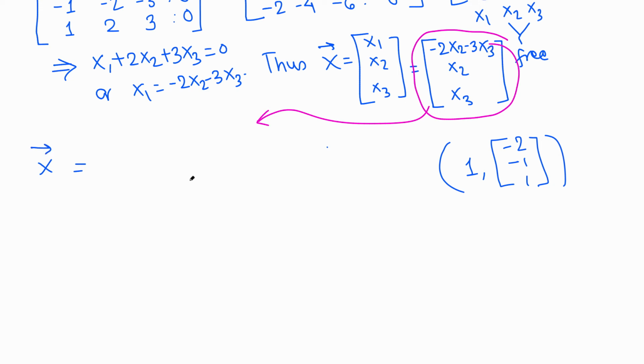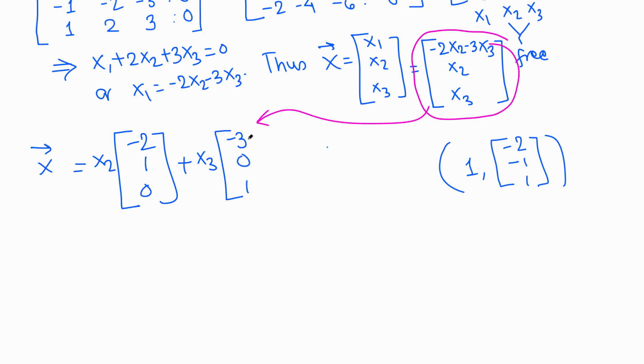There are two types of arbitrary numbers, so free variables. So x2 out, if I do that, from the first component negative 2, here is 1, there is no x2, so 0. So we get 1 basis vector for the eigenspace, plus here I can pull x3 out, that leaves negative 3, no x3, so 0 and 1.